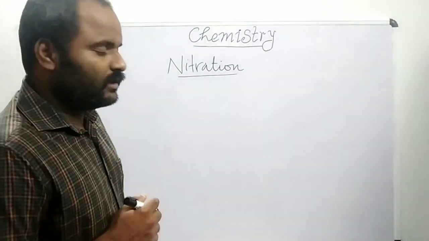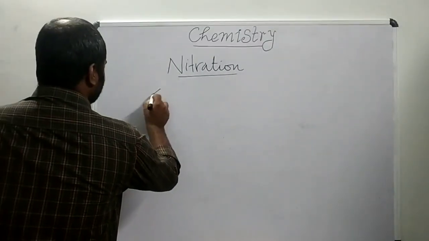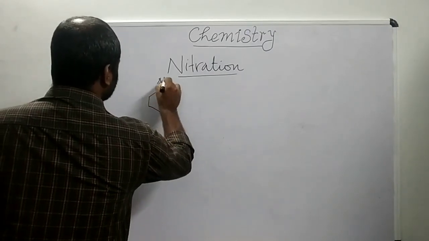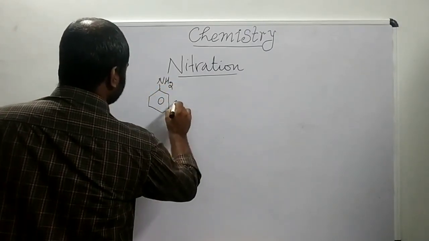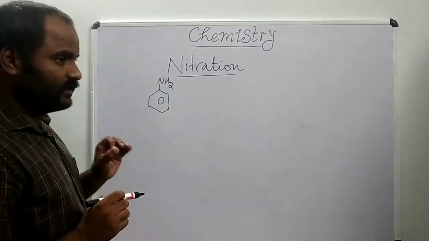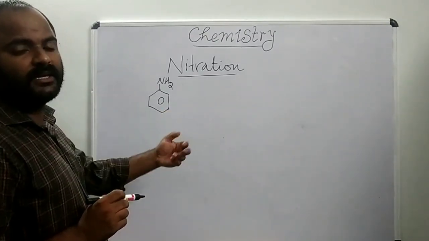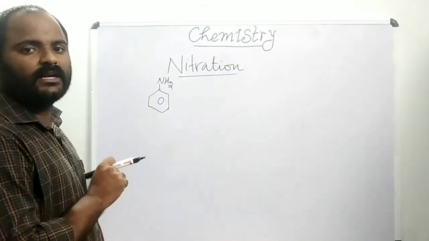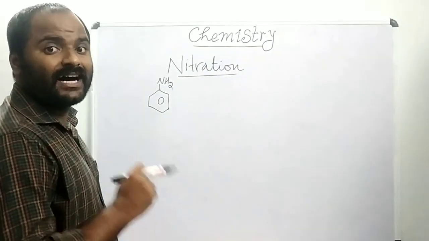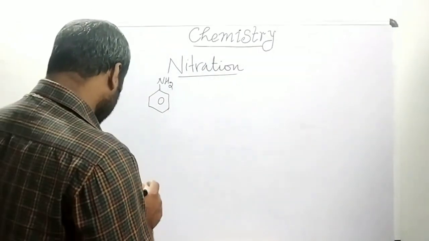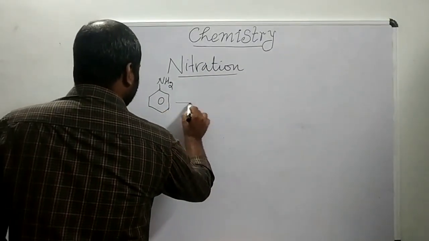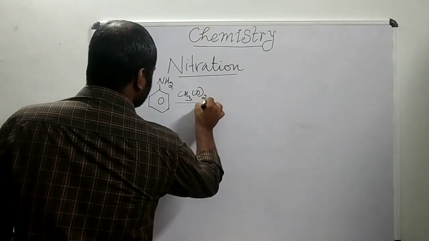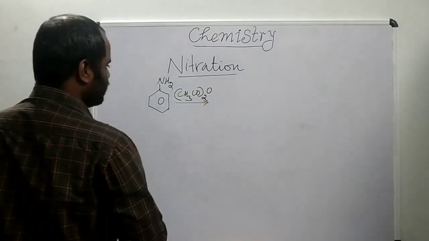So, nitration of aniline. Aniline is a benzene ring with an NH2 group. First we protect the NH2 group, and we convert aniline to acetanilide on reaction with acetic anhydride. That means (CH3CO)2O is acetic anhydride.